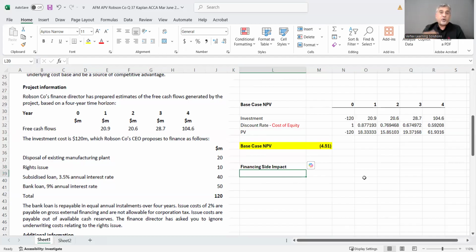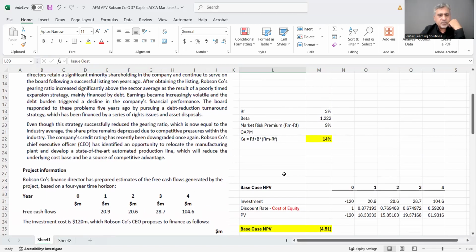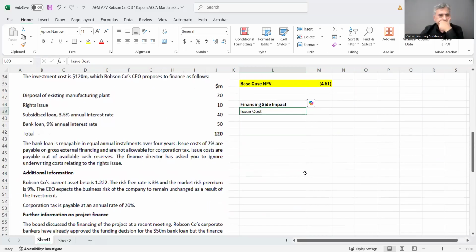So before you go for that, you have issue cost. This is a negative thing. This is not a benefit. So financing side impact has some benefits and some cost. First is the issue cost you have to pay, and that is how much they have given us in the question, I think. Issue costs are 2%.